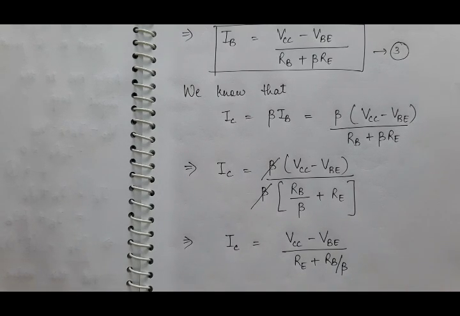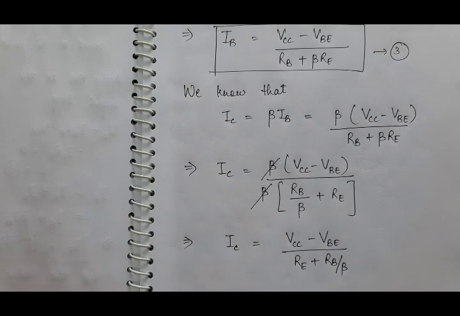In theory, you can also ignore this VBE as compared to VCC, but in case of numericals, if it is given that the transistor is made up of silicon, then you will use this VBE as 0.7 volt. And if it is given that the transistor is germanium, you will use VBE equal to 0.3 volts.